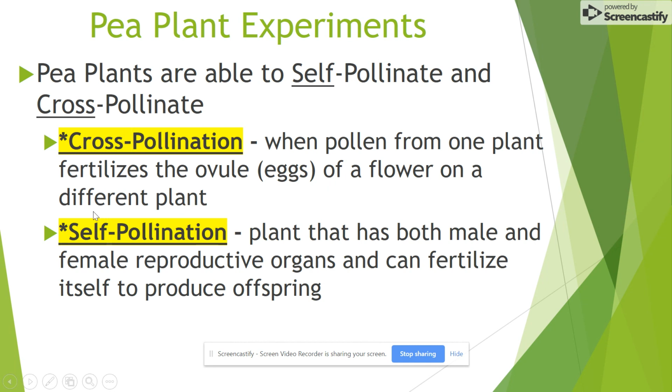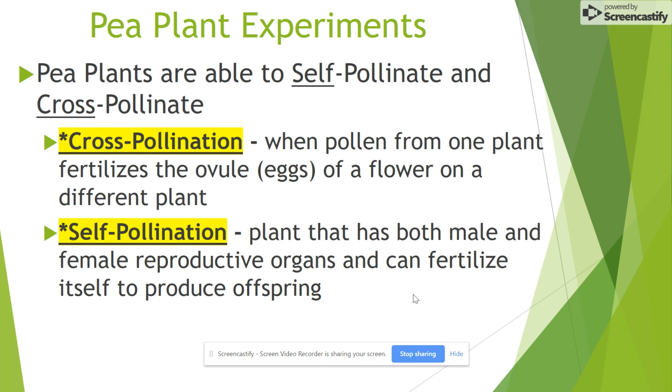Pea plants can also self-pollinate. Self-pollination happens when you have a plant that has both male and female reproductive organs. So they have both the pollen and the ovules, and it can fertilize itself. Okay, so let's think about this. If you have a plant that has the male and the female parts in order to make an offspring, what is that offspring going to look like?